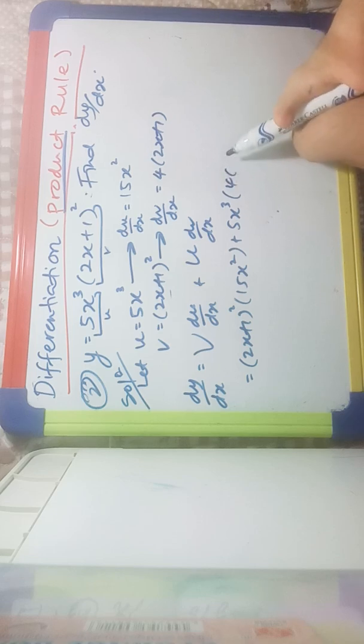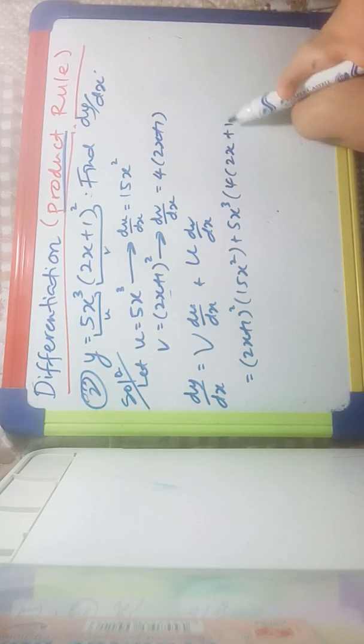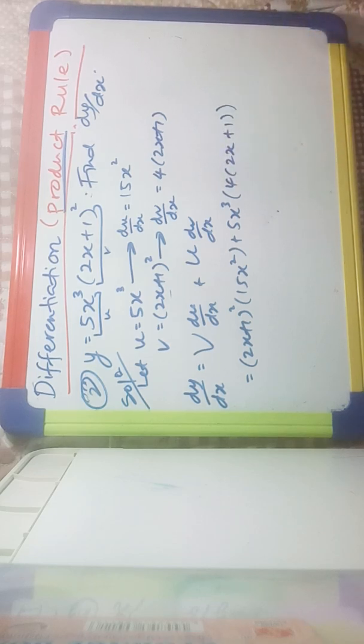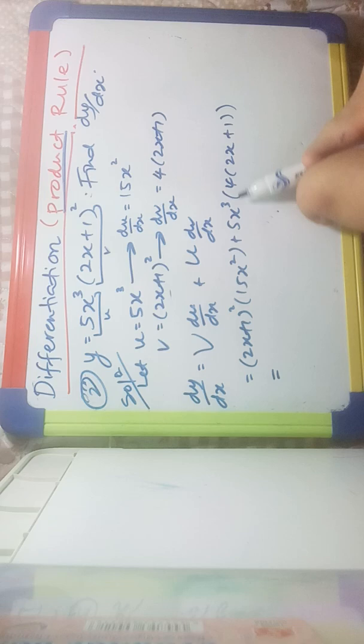4 in bracket 2x plus 1. Okay, don't leave your answer like this. Make sure you simplify into simplest form. So how to simplify this one? Okay, first you see this 4 and this 5, we can multiply them together.